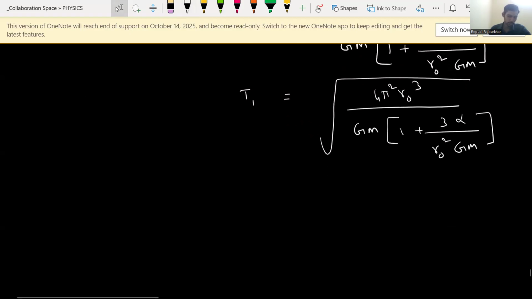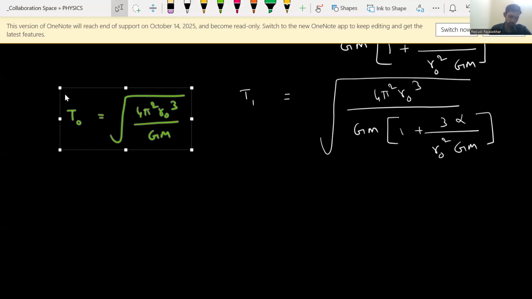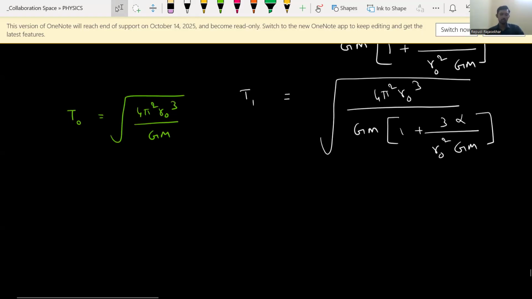This side I will paste here the T1 value, so that we can compare the terms here. If you see this term here, 4 pi square r naught cube by GM, square root of 4 pi square r naught cube by GM means what we can replace. I have simplified like this only to relate with T naught.